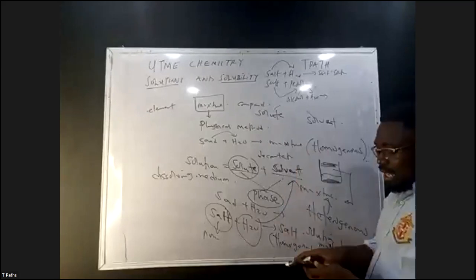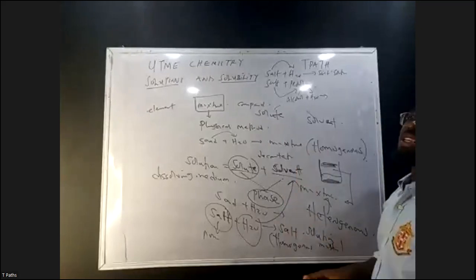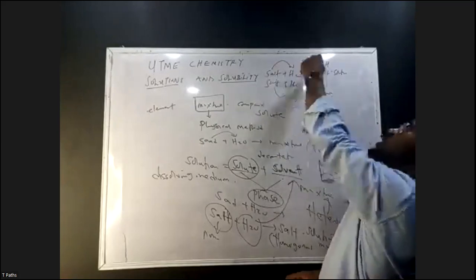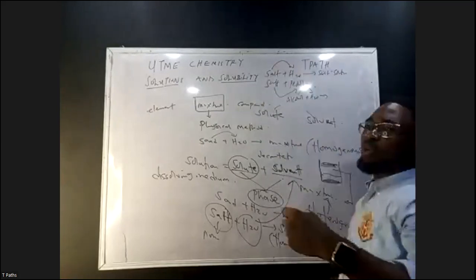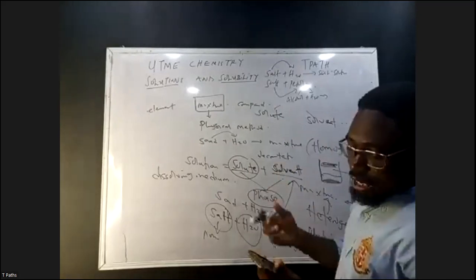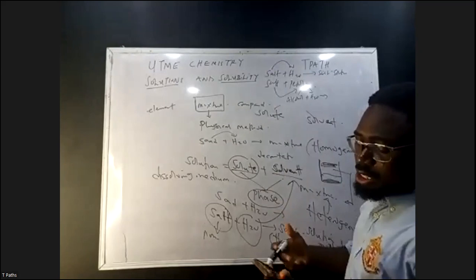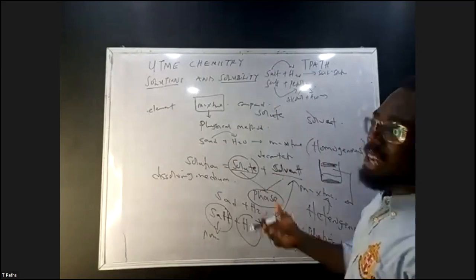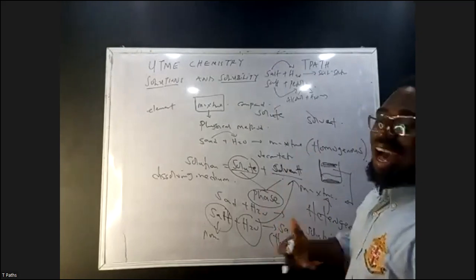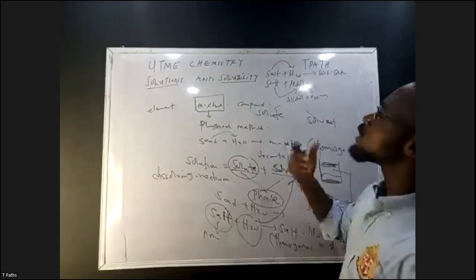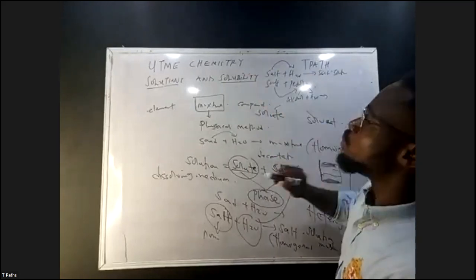So the extent at which the solute tends to dissolve in the solvent is what is called solubility. If you look at the slide, solubility is the ability of a solute to dissolve in a solvent.